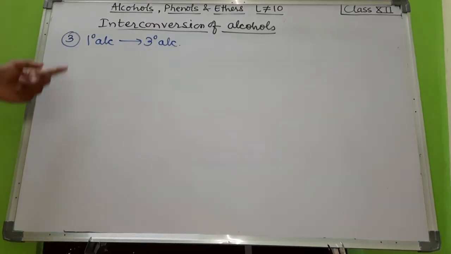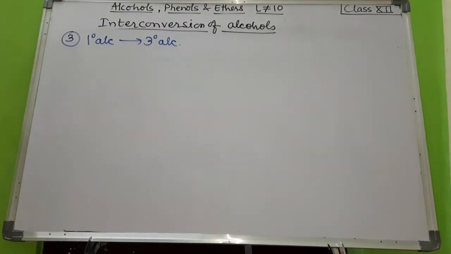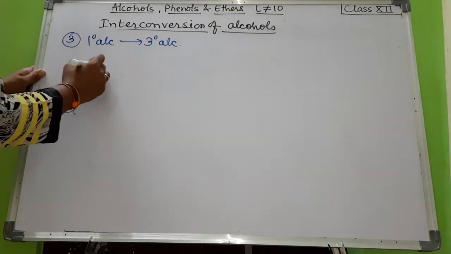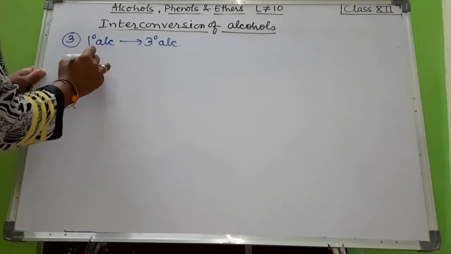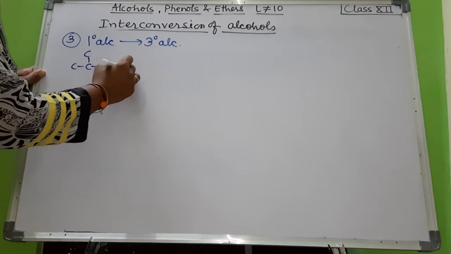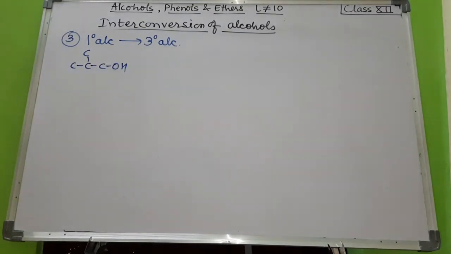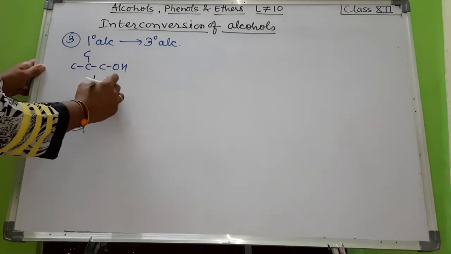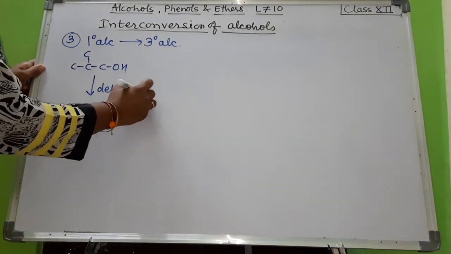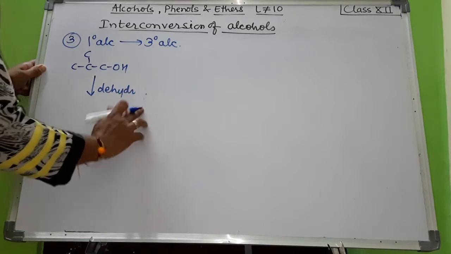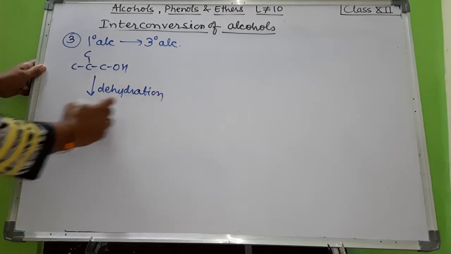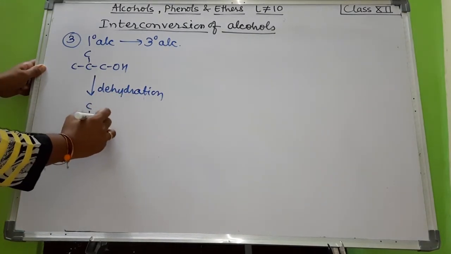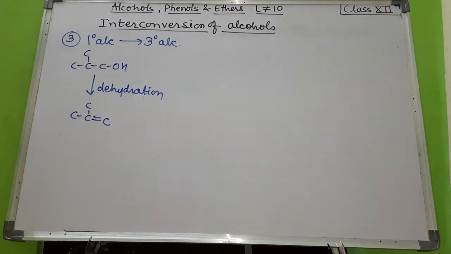Now the third conversion is primary alcohol into tertiary alcohol. Let's take an example of isobutyl alcohol. This isobutyl alcohol on treatment, sorry, not dehydrogenation, on dehydration, will get converted into an alkene.